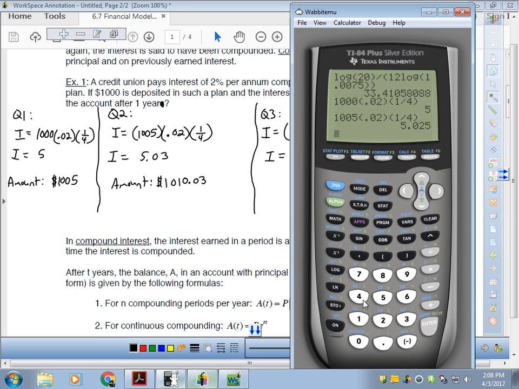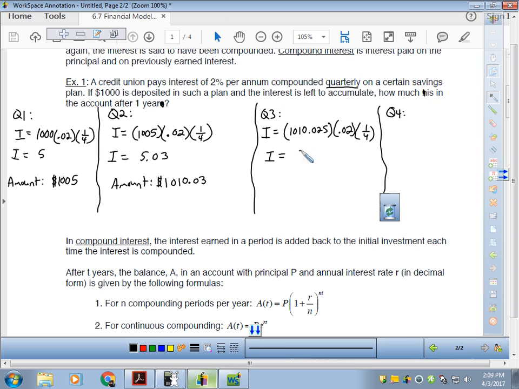And so then we can find our interest by doing the multiplication: $1,010.025 times 0.02 times 1/4. And so there we go, $5.05. So now the amount in our account, if we add this in, it's going to be $1,015, and 5 and 3 makes 8 cents.